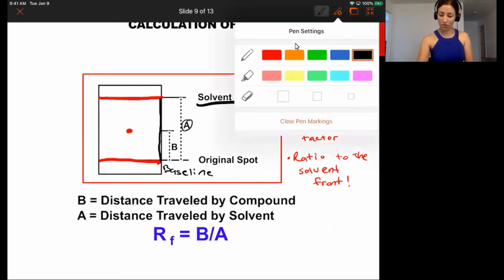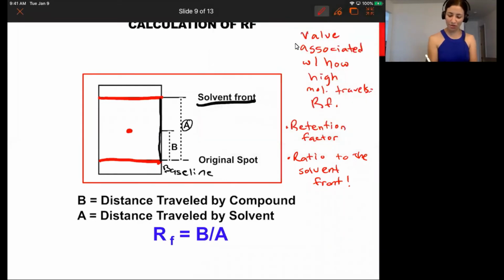Then what we do is we separately measure how far from the baseline to where my compound traveled. And that distance is B. So what we're going to do is we'll take the ratio of value B over value A. Because of the way we calculate this, the maximum value is 1 and the minimum value is 0.